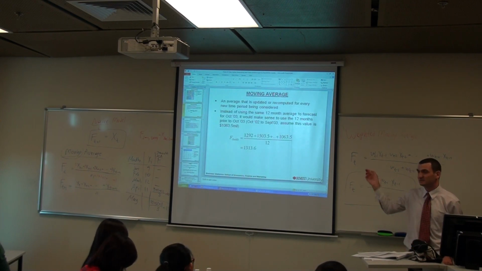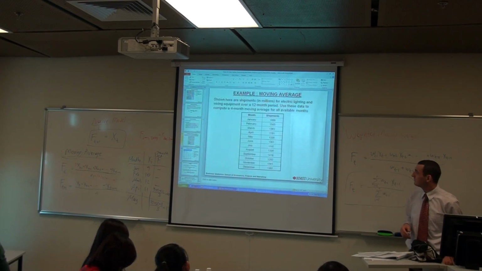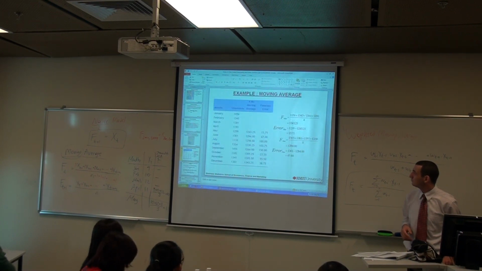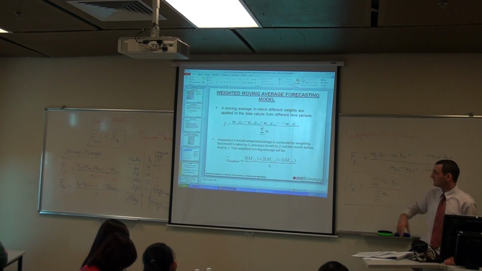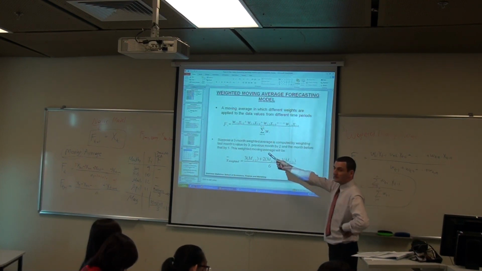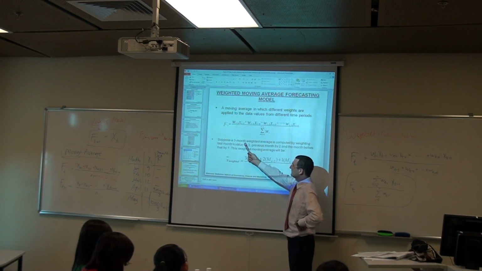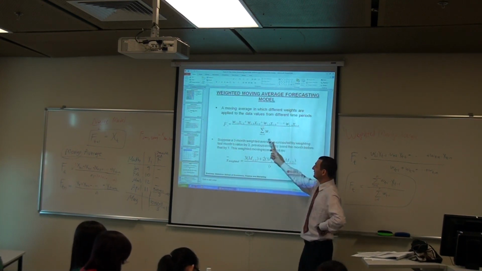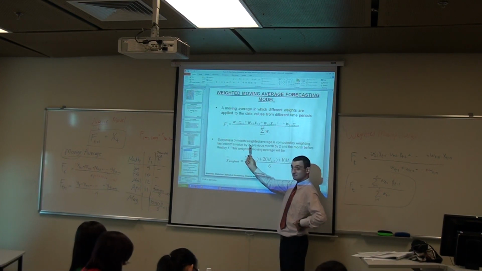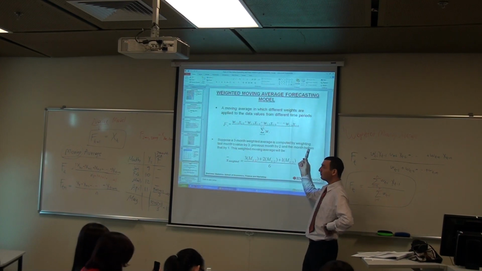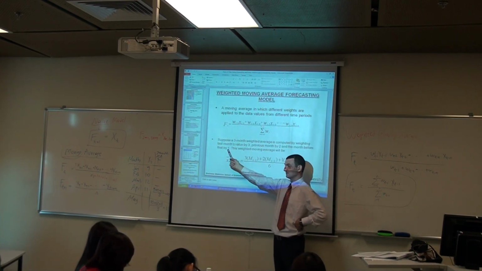Okay, there are some examples here you can see. Example of moving average. Error of moving average. Look at the example. Suppose a 3-month weighted average is computed by weighting last month's value by 3, previous month by 2, and the month before that by 1.